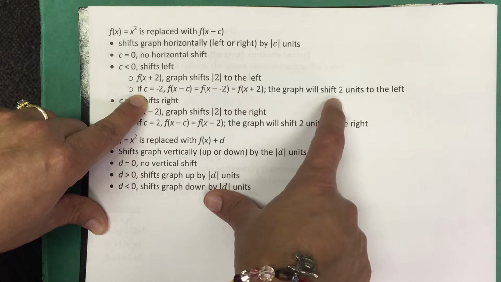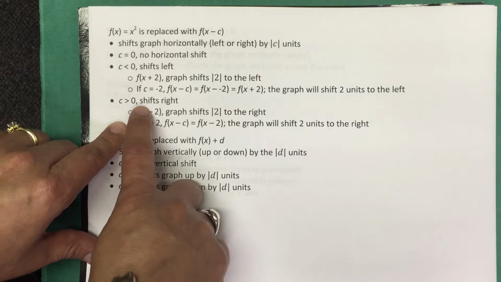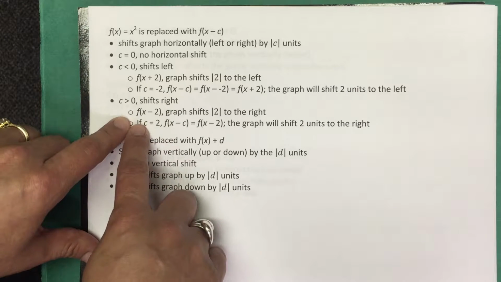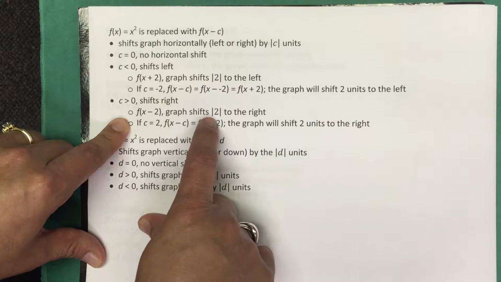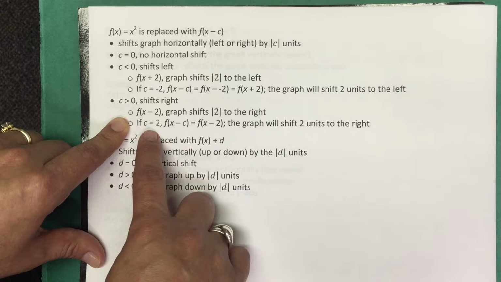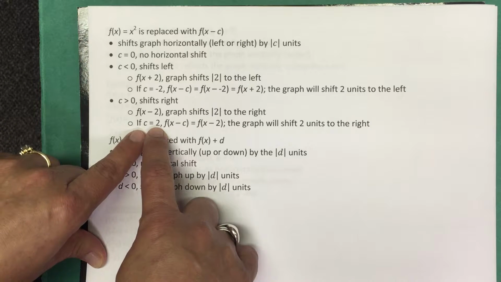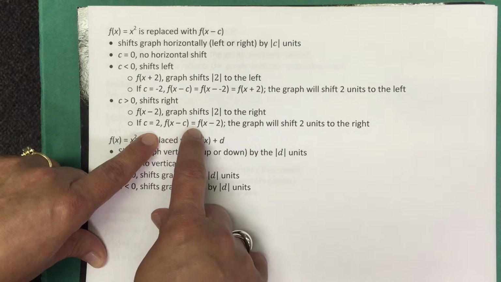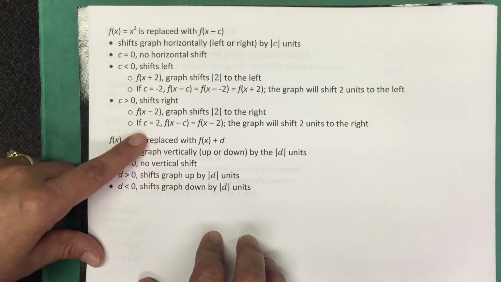So the graph will shift 2 units to the left. So for c being greater than 0, let's look at this example. F of x minus 2, the graph shifts the absolute value of 2 to the right. If c equals 2, and we plug in this value of c into this equation, that's going to give f of x minus 2, and the graph will shift 2 units to the right.